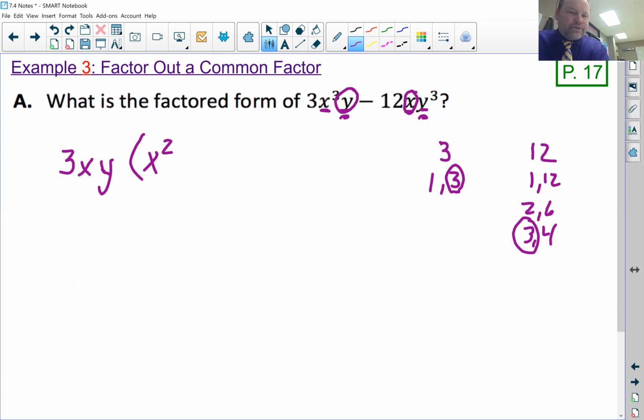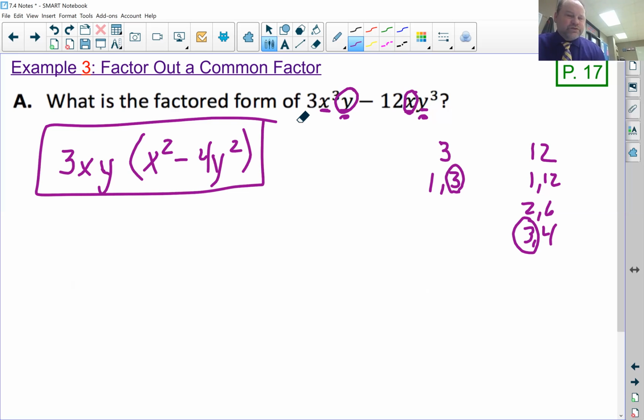Oh, sorry, I had y to the first, and I factored out the y in that first term. Negative 12 divided by 3 is negative 4. Here I had x, but I factored it out, so I'm not going to have an x there. I had y cubed, but I factored out a y. Leaves me with y squared. So the key there is there's an x and a y in both terms.